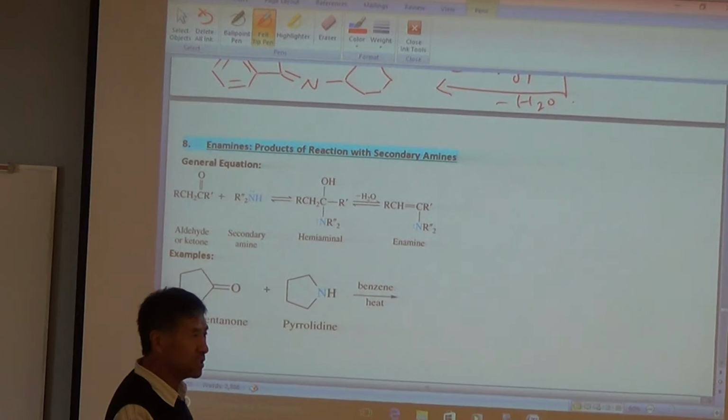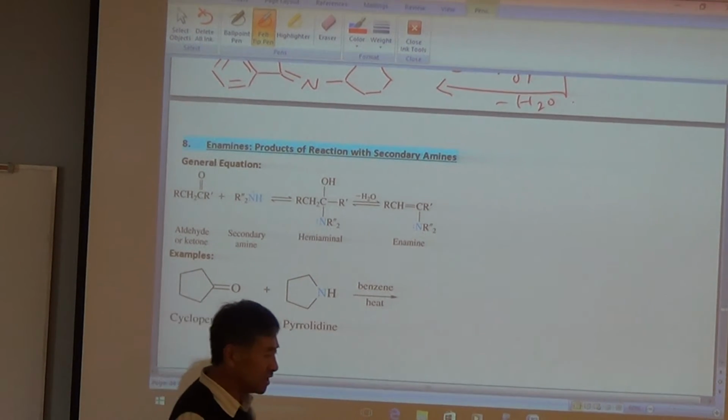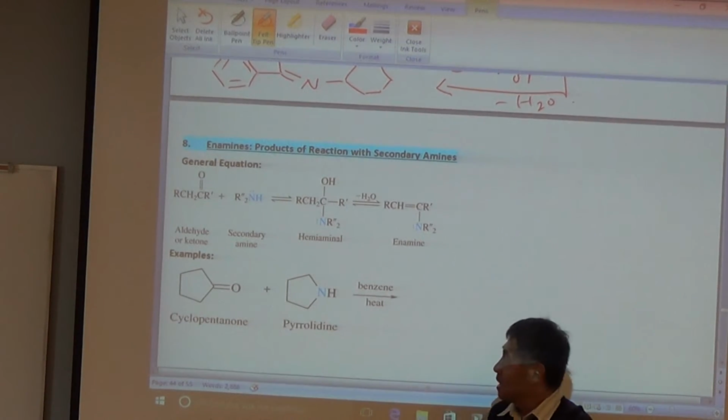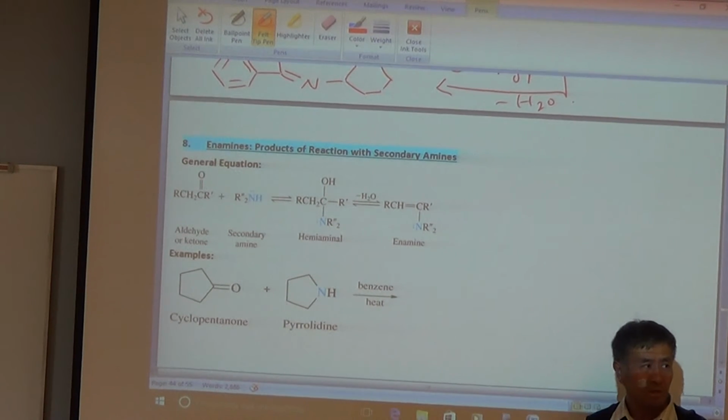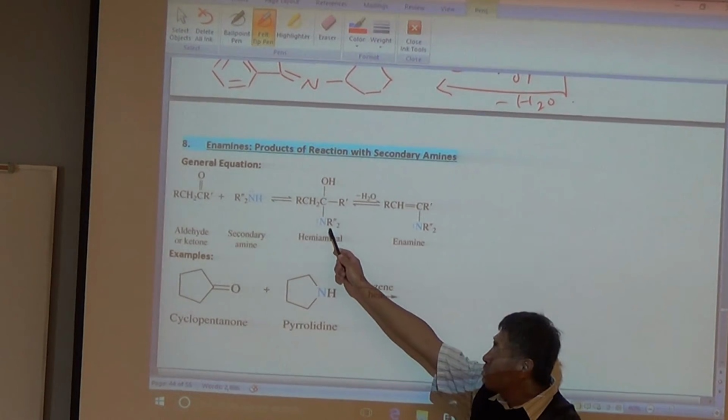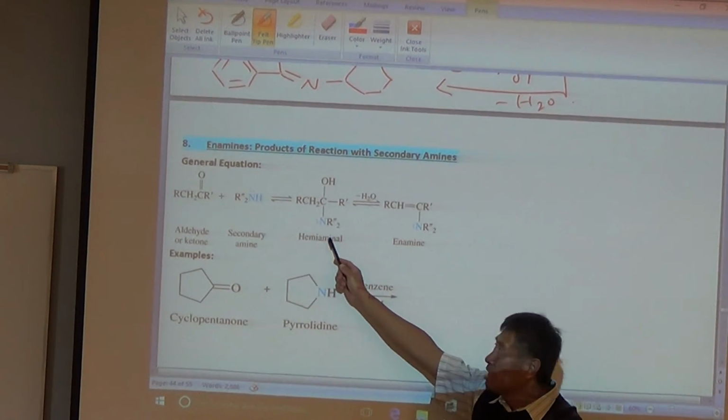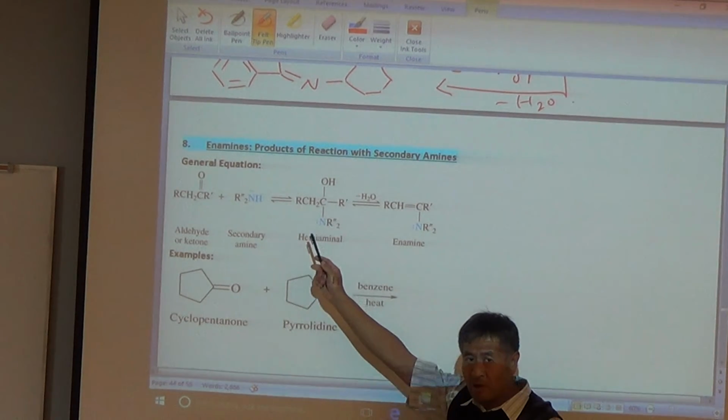Now you compare, if you have time, if this is the alcohol, when we produce this acetal, you will have an OR here, and you have that part there.